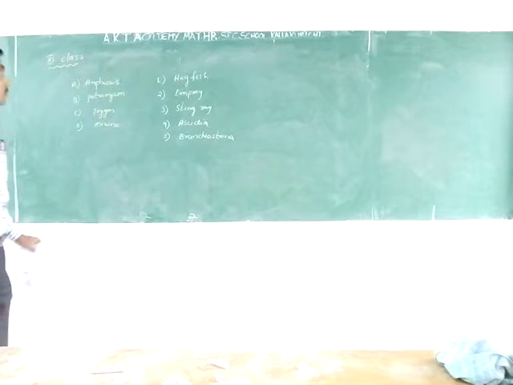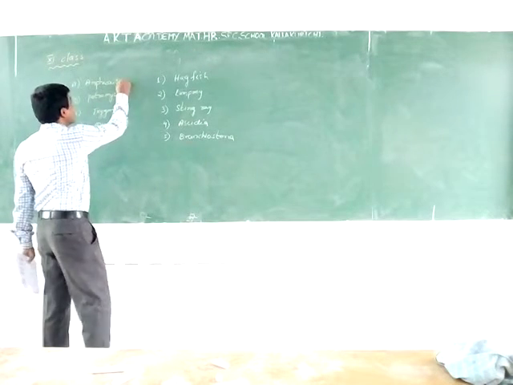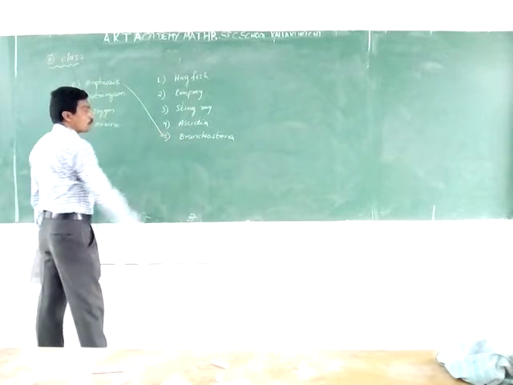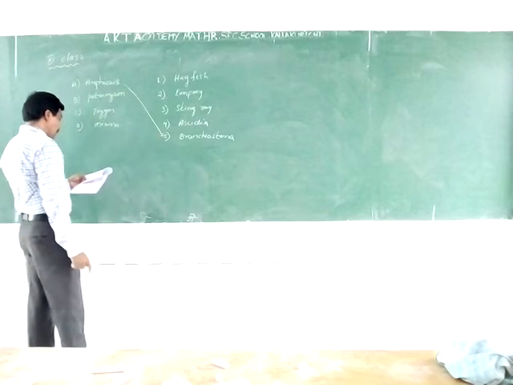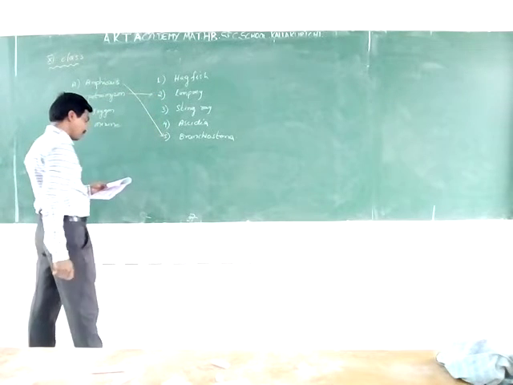Now here, see Amphioxus. Amphioxus is also known as Branchiostoma. These belong to cephalochordata animals. Petromyzon is also known as lamprey.